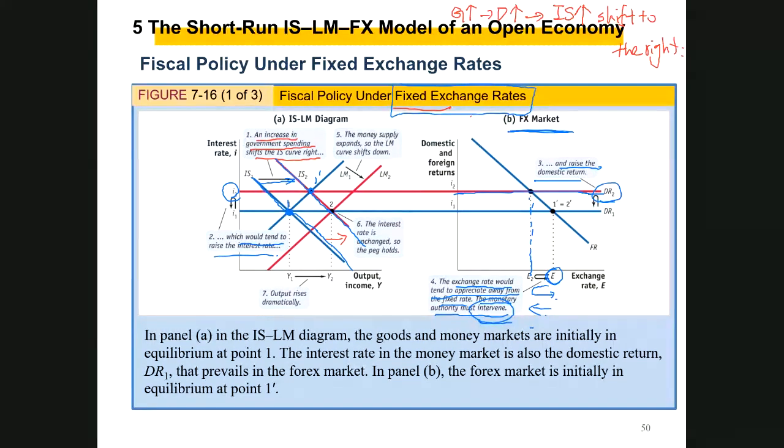Okay, so how do they intervene? They use monetary policy to counter the effect of the fiscal policy, right? So you have to shift the money supply to the right as well, so that you will lower the interest rate. Okay, if you lower the interest rate, the domestic return line goes back to the original domestic return line, then the exchange rate will go back to the original peg level.